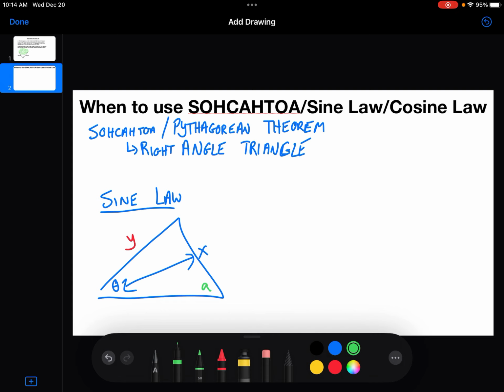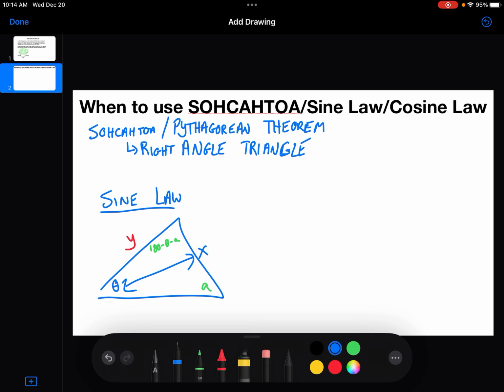Let's just call it A. Whatever you're given, as long as you're given one of the other ones, we can find everything else. If we're given the other angle, we can do 180 minus our two angles to solve. If we're given another side, we can then solve our angles using sine law. Sine law, you need to have that complete ratio though.